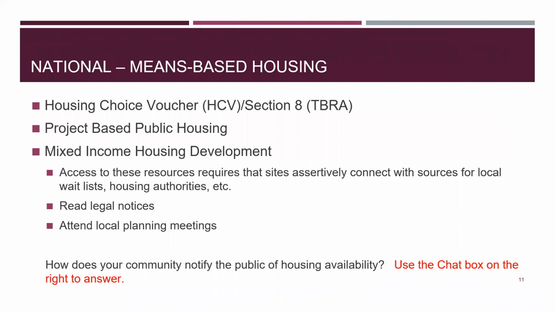Mixed income housing development, and access to these resources requires that sites assertively connect with sources for local wait lists, housing authorities, etc. Read legal notices, attend local planning meetings, but this is ongoing.